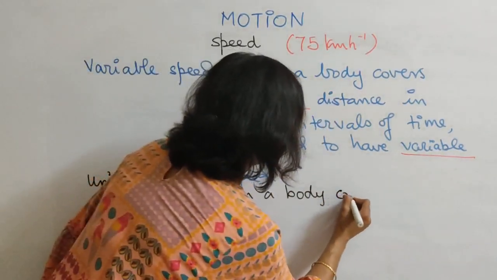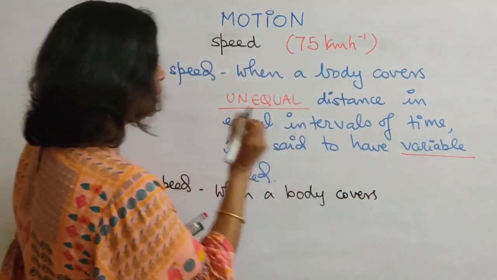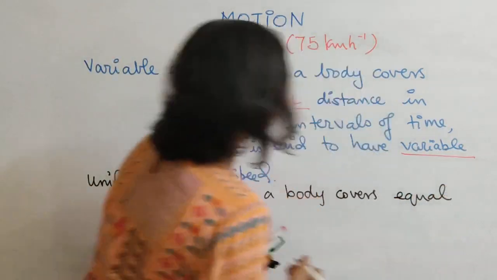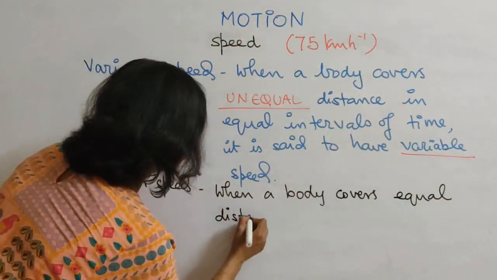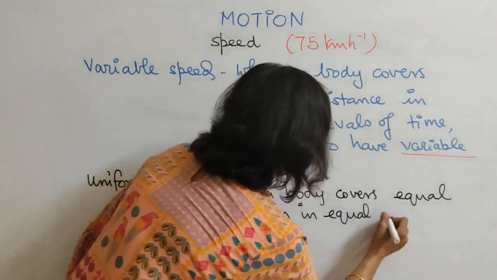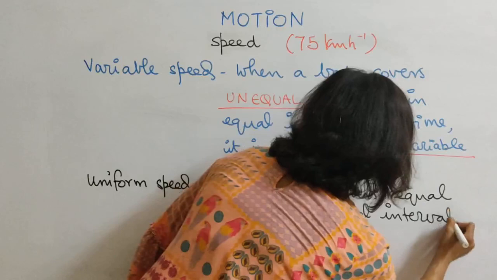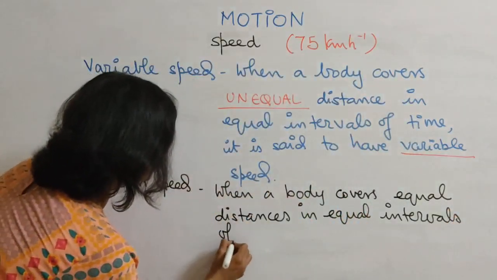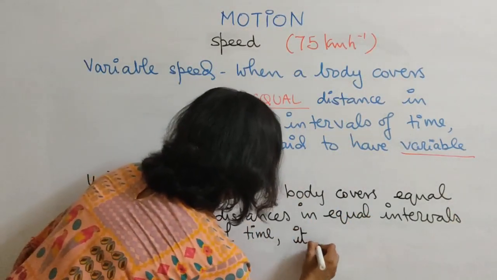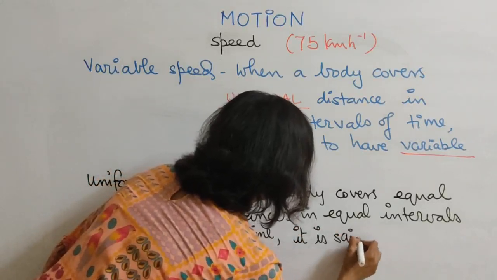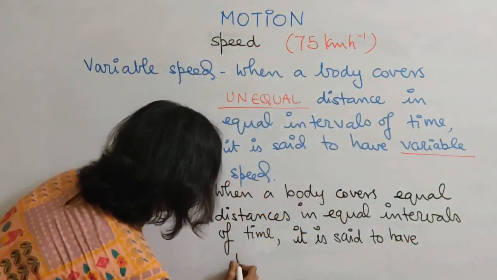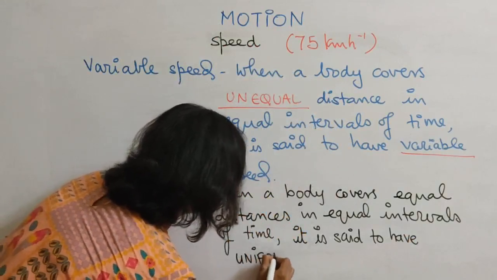When a body covers equal distances in equal intervals of time, it is said to have uniform speed.